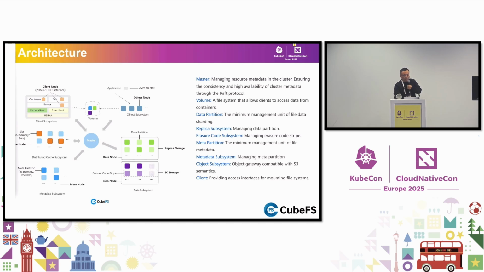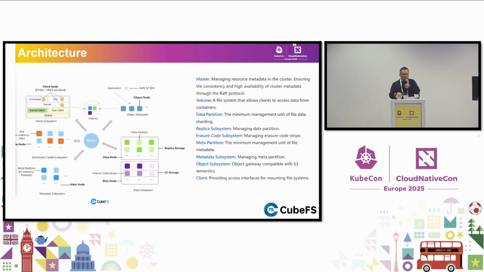On the top right is the object access system. Different from the traditional object storage architecture, CubeFS achieves this capability based on the file system engine. And this system can be considered as a centralized proxy system. The system in the bottom right is the data subsystem.